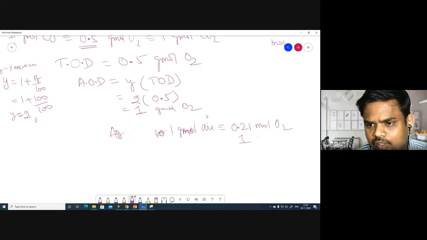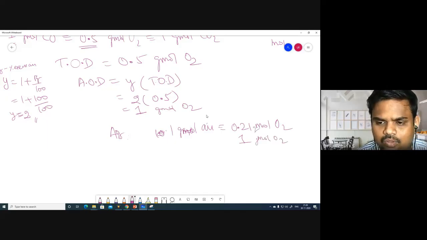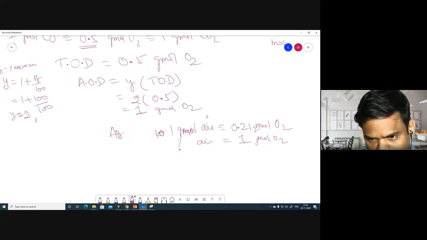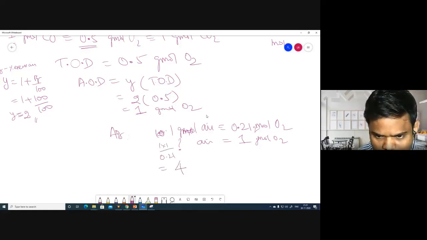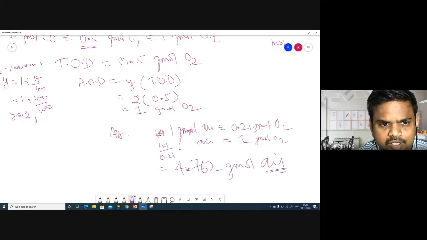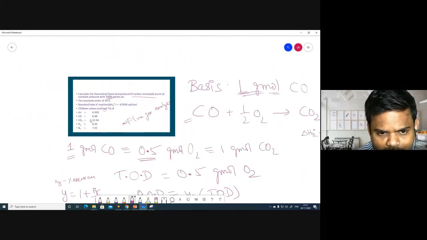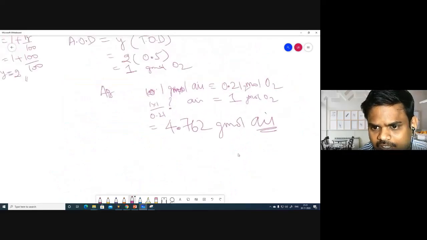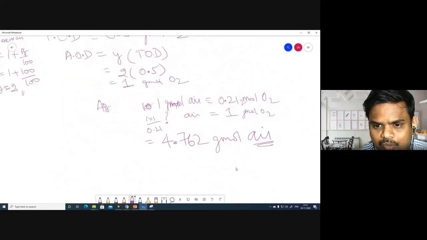Therefore, for 1 gram mole of oxygen, how much air is required? So 1 divided by 0.21, which is equal to 4.762 gram moles of air. Why am I doing it in air terms? Because the Cp value is given in this problem as air. Cp of air is given, so I have to consider the reactant as air. That's why I have calculated the amount of air.